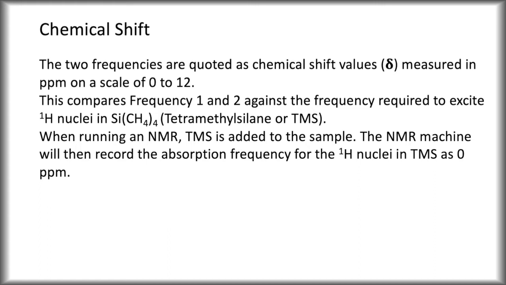That compares those two frequencies against the frequency required to excite the hydrogen nuclei in tetramethylsilane, which we call TMS for short. When running an NMR, we add a little bit of TMS into the sample.